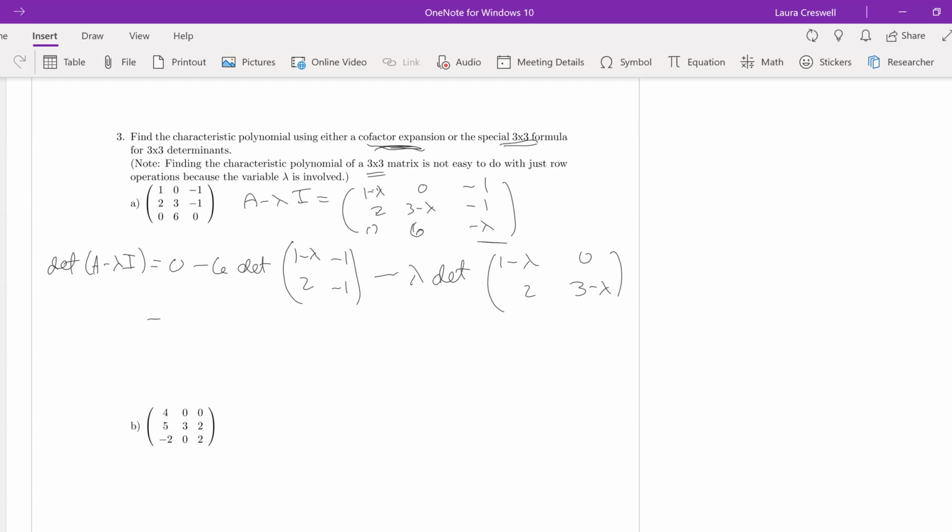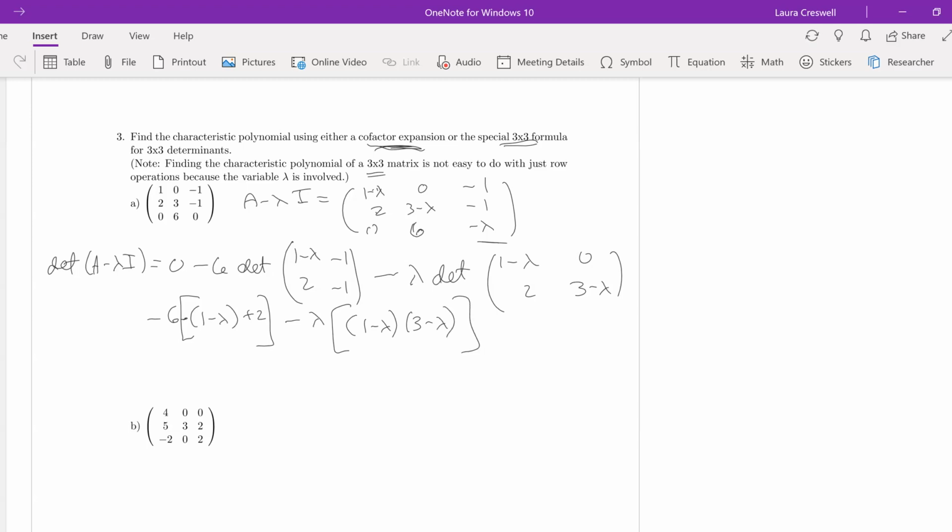All right, so this gives me negative 6 times, from the determinant here, I'll get 1 minus lambda times a negative 1, subtract a negative 2, so that gives me plus 2, minus lambda, these two multiplied, and subtract that.